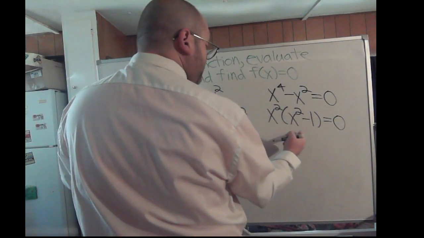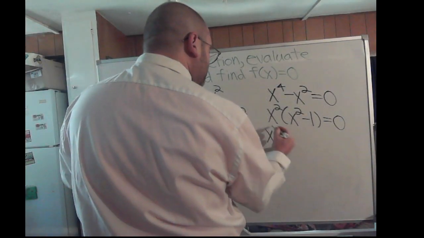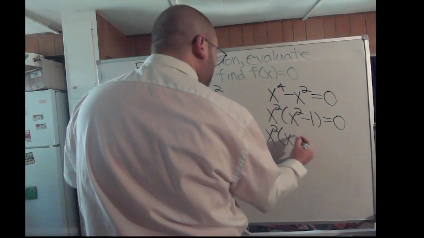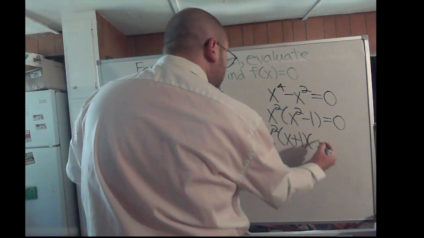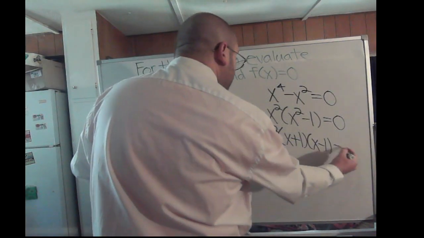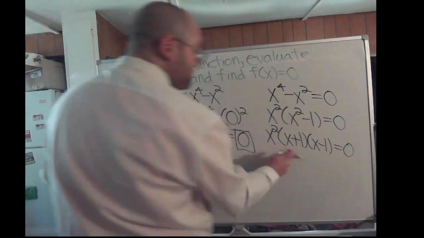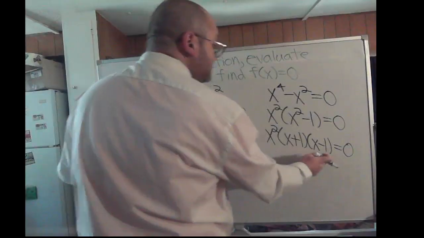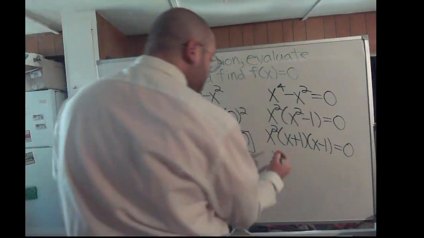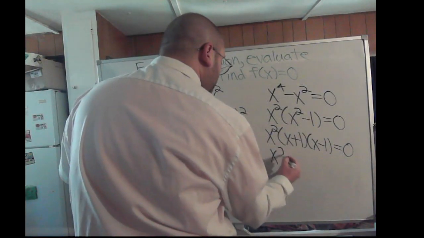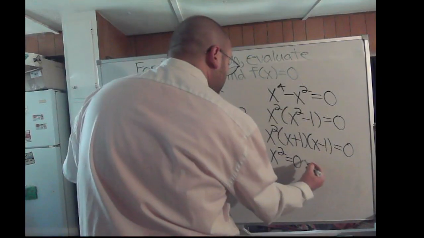Well, x squared minus 1 factors down into x plus 1 times x minus 1. So now you have x squared times the quantity x plus 1 times the quantity x minus 1 equals 0.